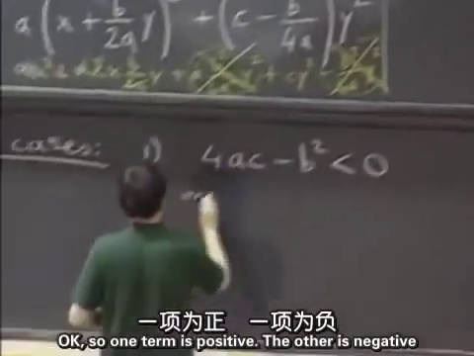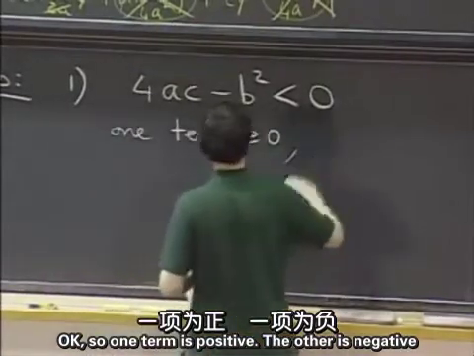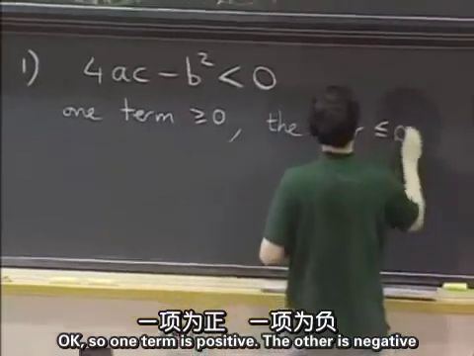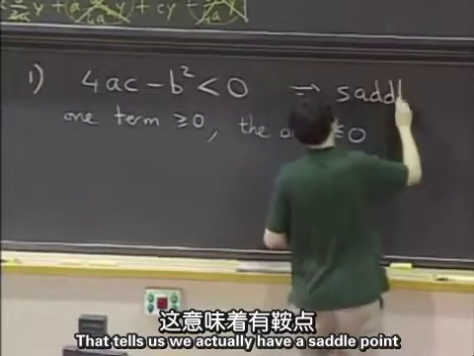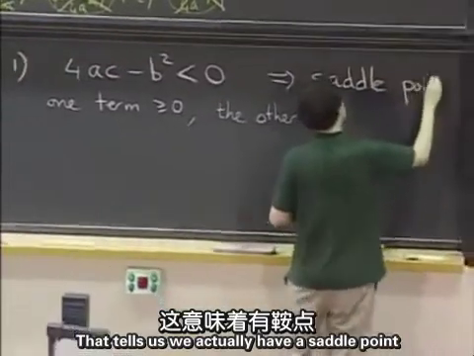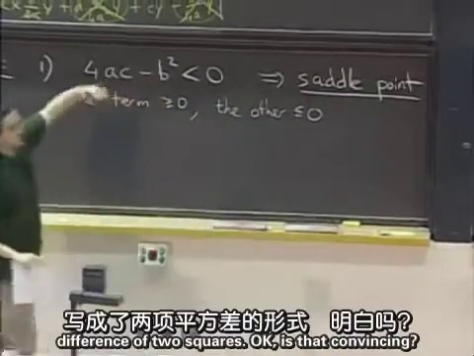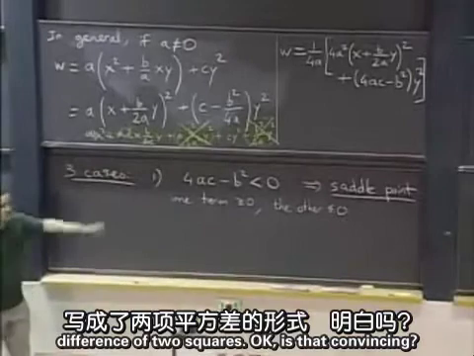So one term is positive, the other is negative. That tells us we actually have a saddle point. We've in fact written our function as a difference of two squares. Okay, is that convincing?